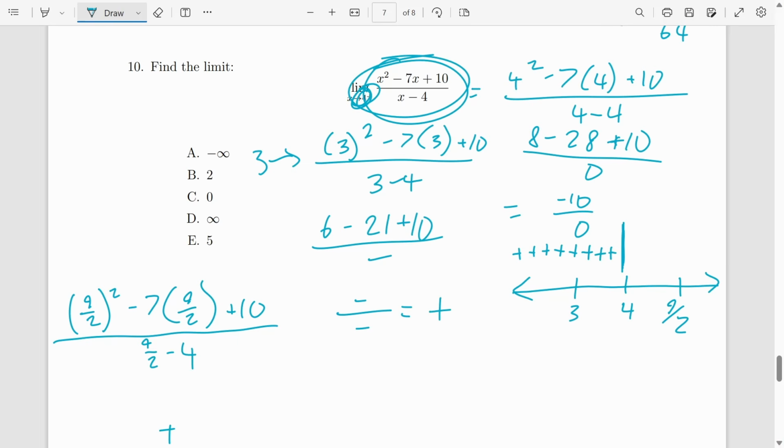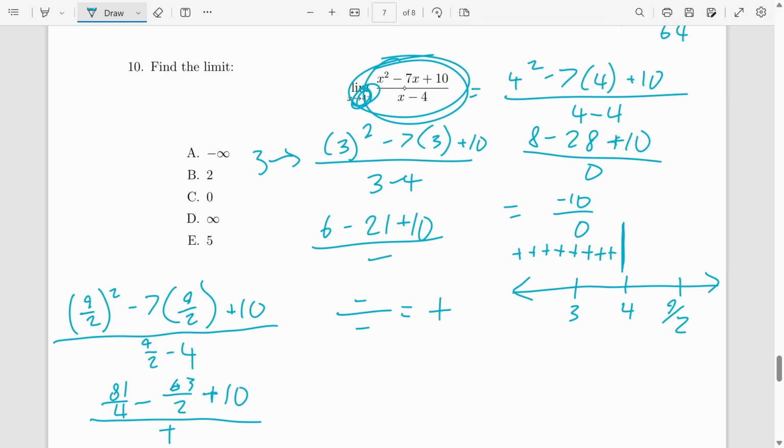It's going to be positive over, let's see, 9 halves squared is going to be 81 fourths minus 7 times 9 halves. That's going to be 63 halves plus 10. You can see why sometimes you don't really want to use fractions. This is a little annoying to simplify now, but it's still doable.